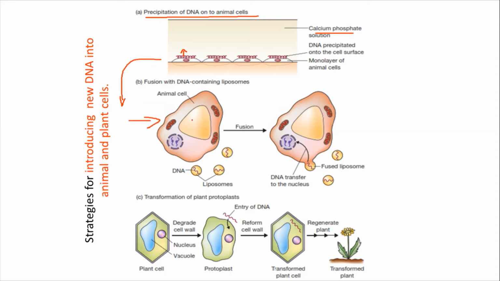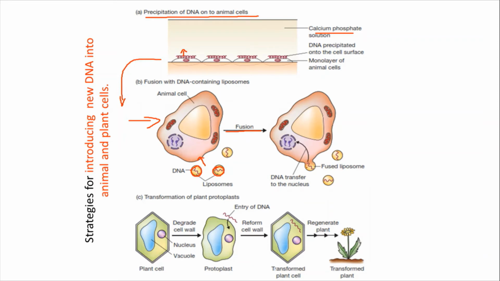The liposome contains DNA, so it can easily fuse with the plasma membrane. So through endocytosis, the DNA goes inside and finally enters into the host chromosome, where the recombinant DNA has recombination ability.